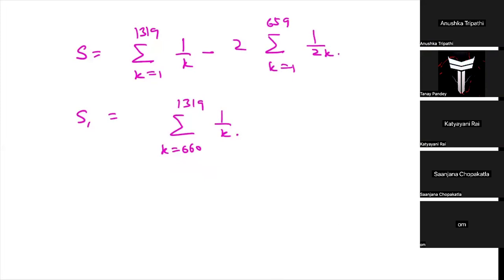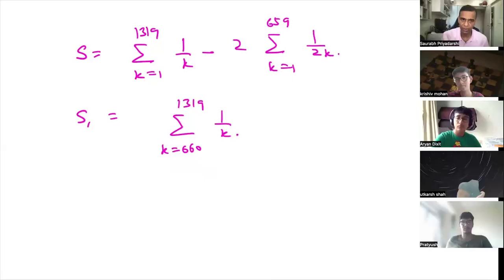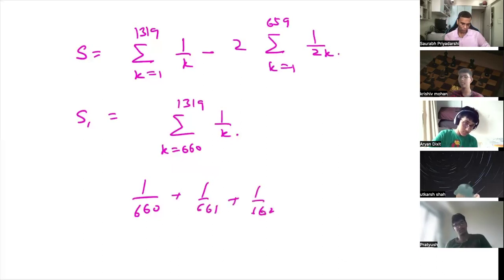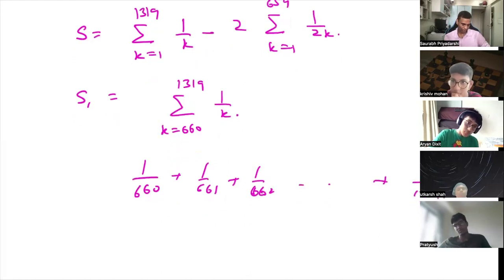If you see this now, after this point, the first term is 1 upon 660, then 1 upon 661, then 1 upon 662, going up to 1 upon 1319.